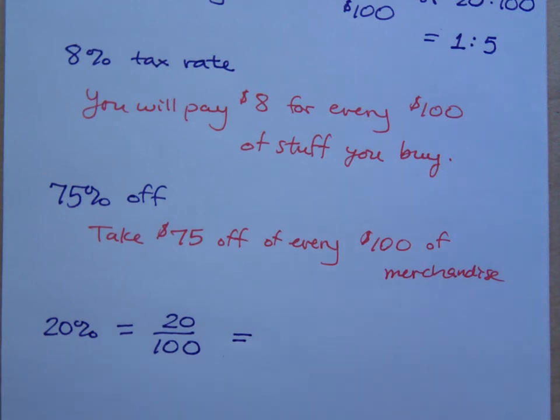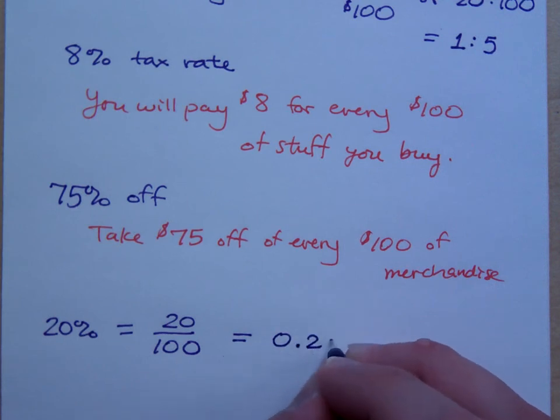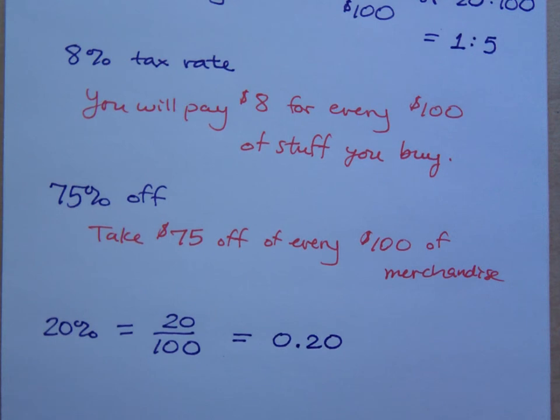What is the technical way for saying this fraction? Isn't it 20 hundredths? And we can write 20 hundredths as 0.20, right? Now, do I really need this 0 here at the end? No. But sometimes we put it there to make us feel a little bit better.